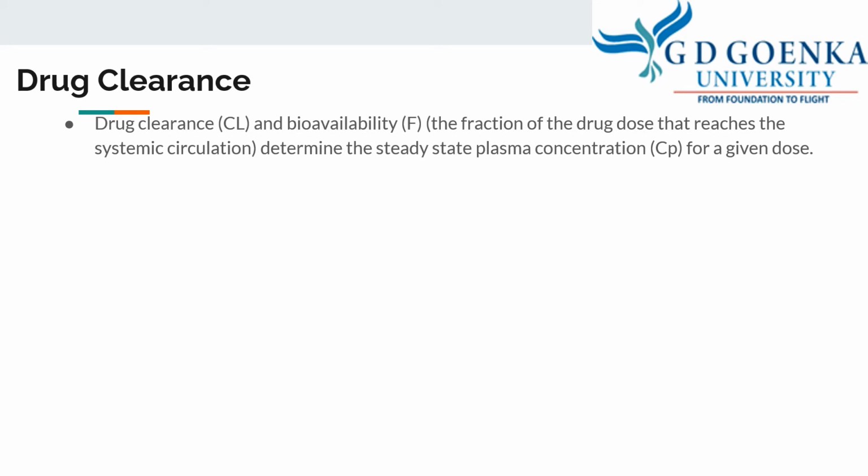Drug clearance and bioavailability, these two factors determine the steady state plasma concentration of a drug. The bioavailability is the fraction of the drug dose that reaches the systemic circulation, whether or not the drug undergoes first pass metabolism.